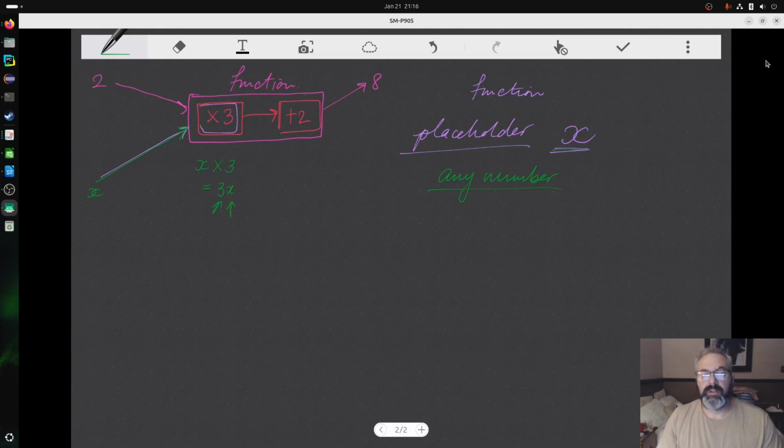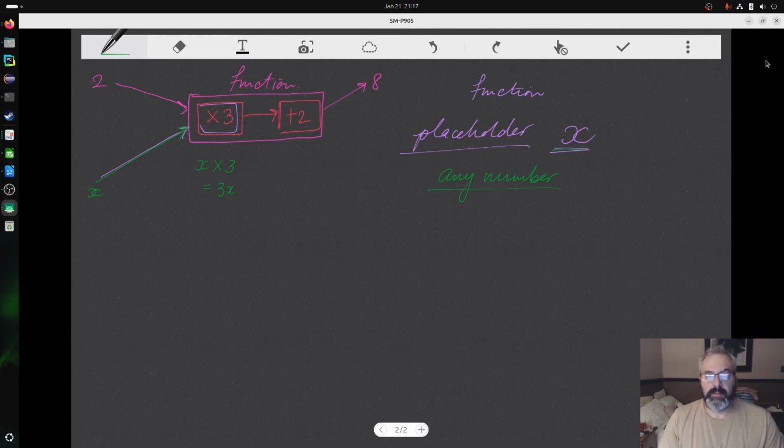So if you see 3x, it means 3 times x. It's not wrong if you write x3, but it just looks weird, because all of us are used to having the number first and then the letter. So that's important to note as well.